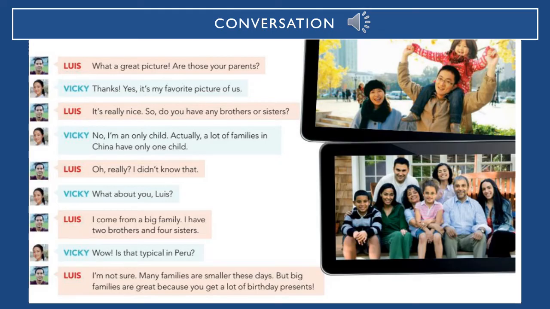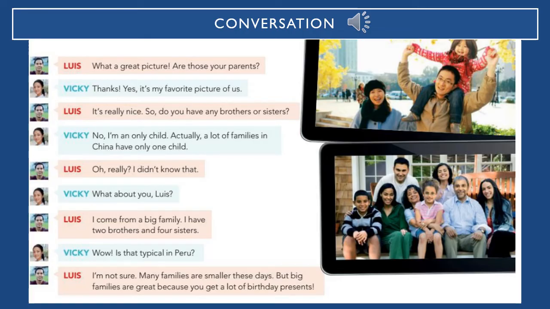What a great picture. Are those your parents? Thanks. Yes, it's my favorite picture of us. It's really nice. So, do you have any brothers or sisters? No, I'm an only child. Actually, a lot of families in China have only one child. Oh, really?